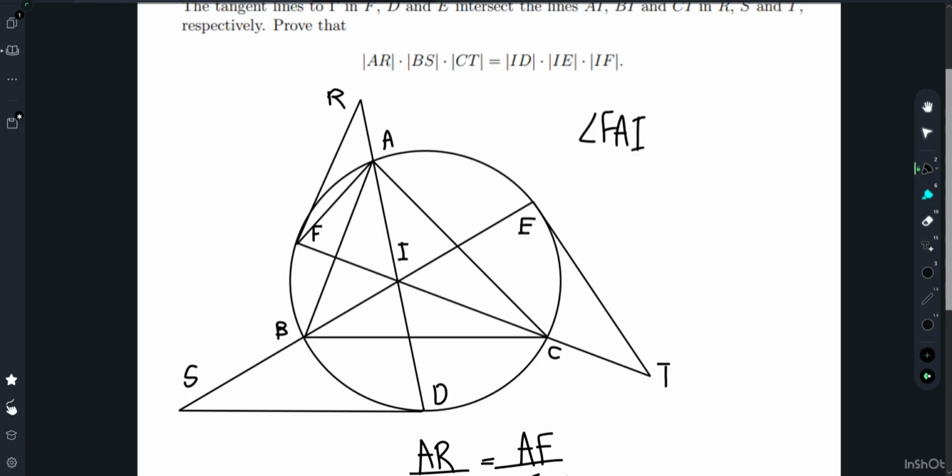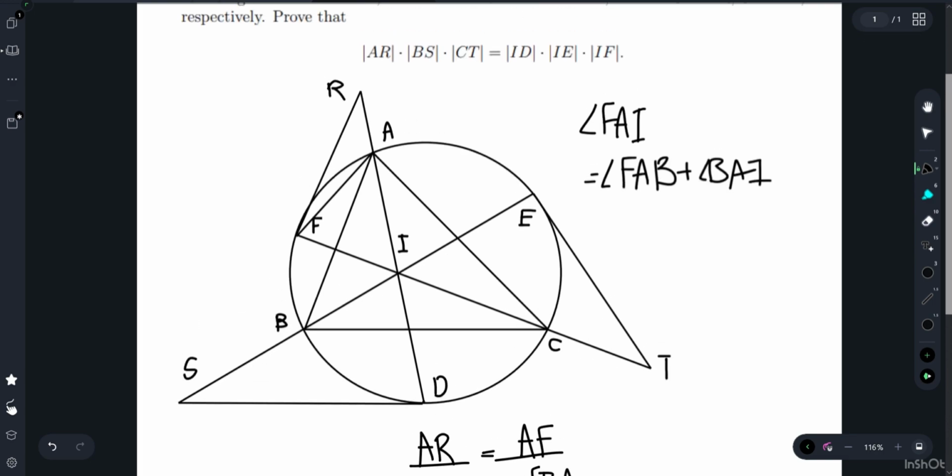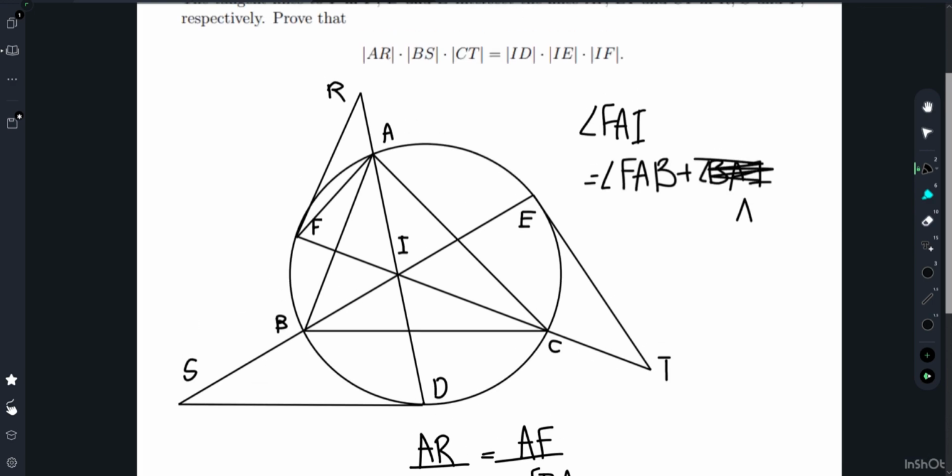Angle FAI is equal to angle FAB plus angle BAI. Angle BAI is, like before, equal to A over 2. And angle FAB corresponds to arc FB, which is equal to angle FCB. And angle FCB is C over 2.